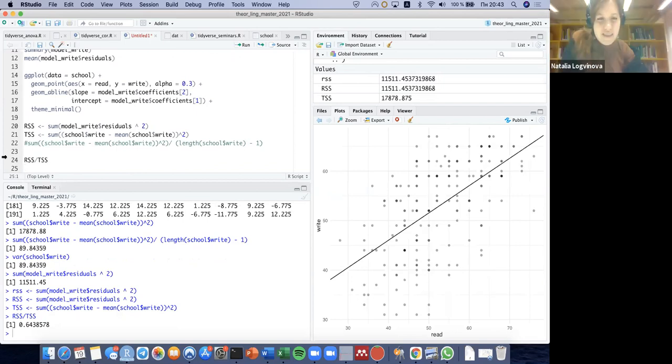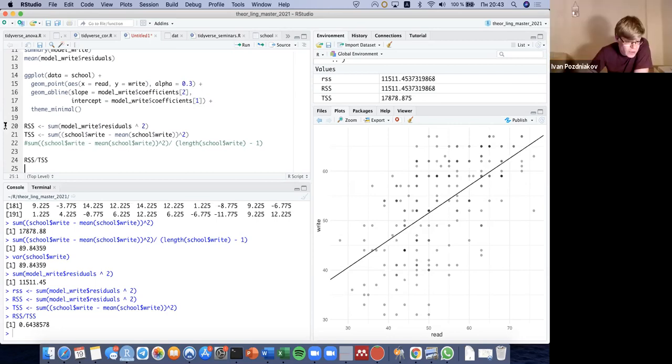Can I ask why this RSS is bigger than TSS, if we expect it to be otherwise? No, it's not bigger. TSS is bigger than RSS, but it's a good question.